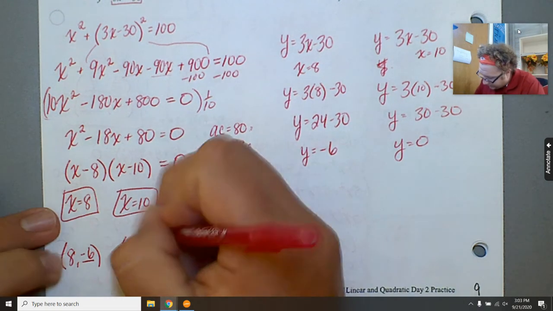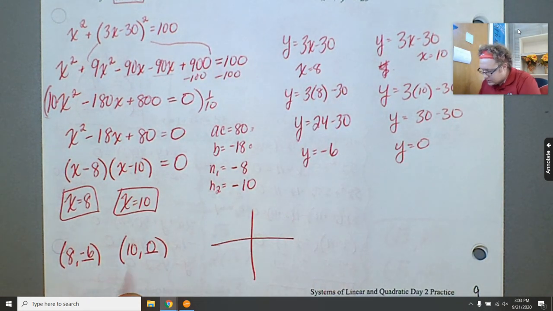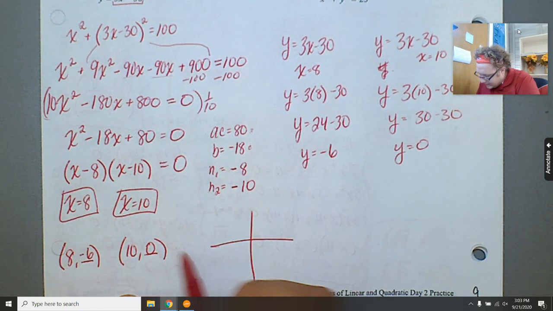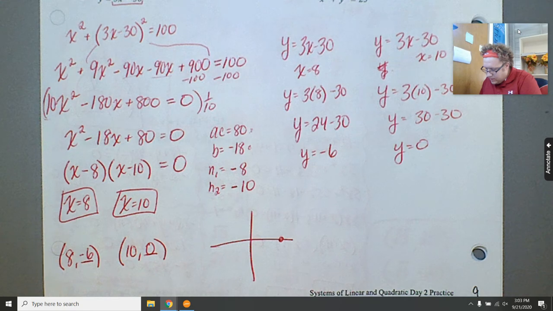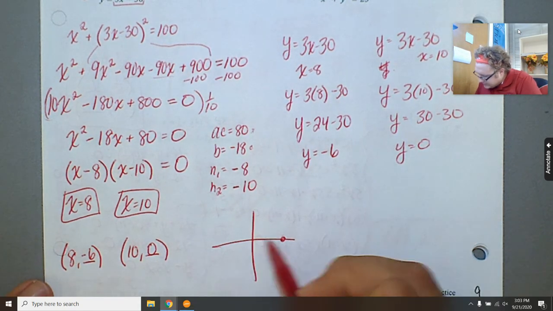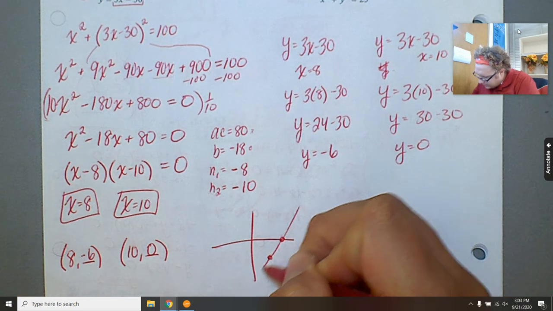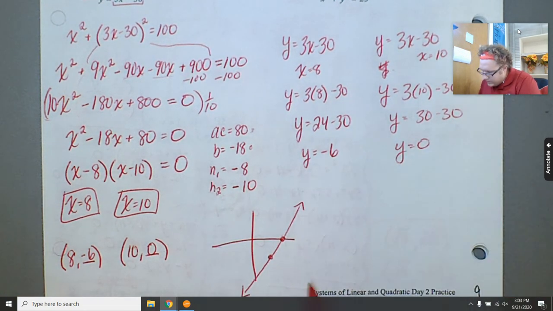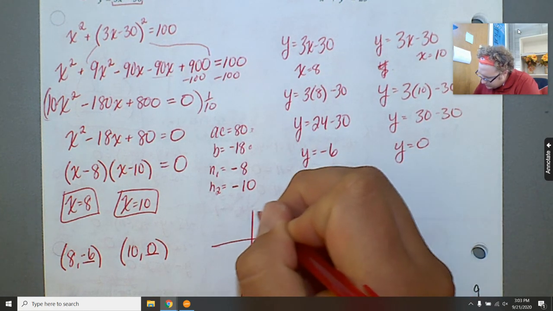Sure, it's totally fine. That just means that if I were to draw this, and it is a circle, so let's see, 10 comma 0, one intersection point is right over here, and then 8 comma negative 6 is going to be right around here. So my guess is that this sort of looks like a line, and then the radius we said is 10, so I think this circle probably looks a little like this.